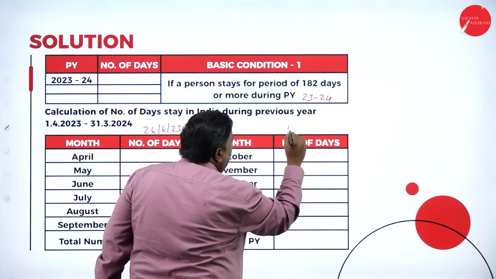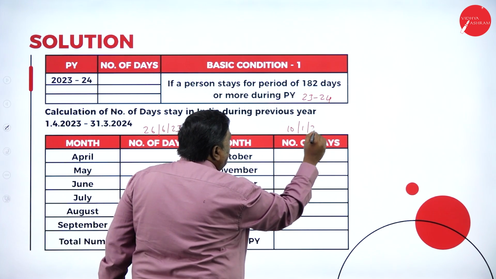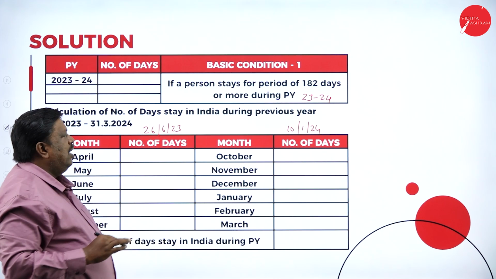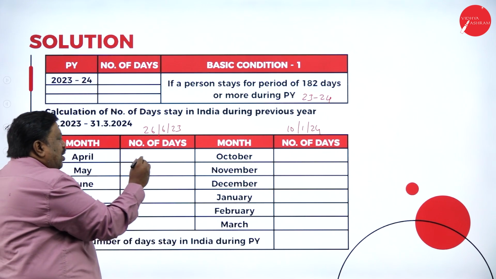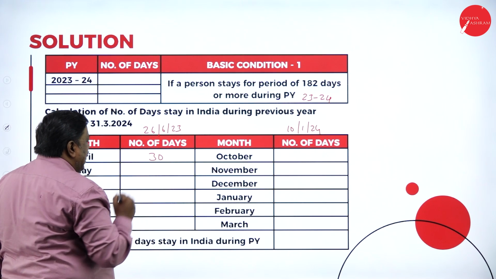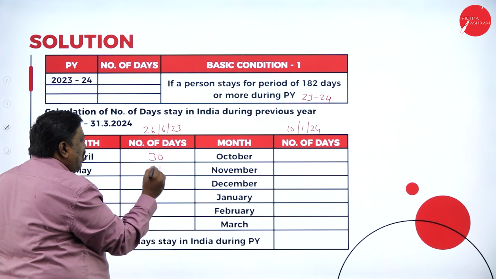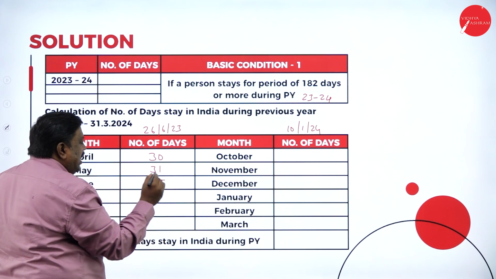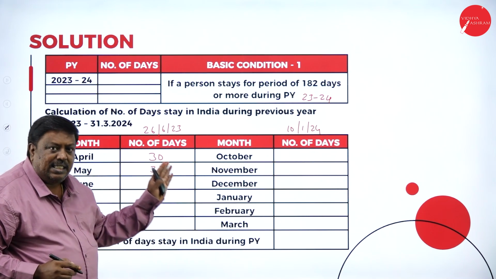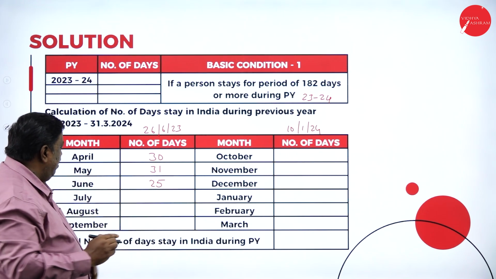When I returned back, 10th January 2024. So, 26th I'm leaving means in the month of April I was in India. In the month of May I was in India. In the month of June 25 days I was in India. From 26th I was not in India.